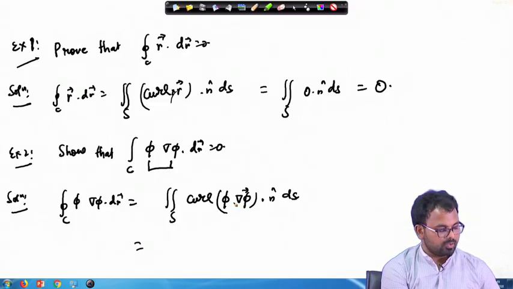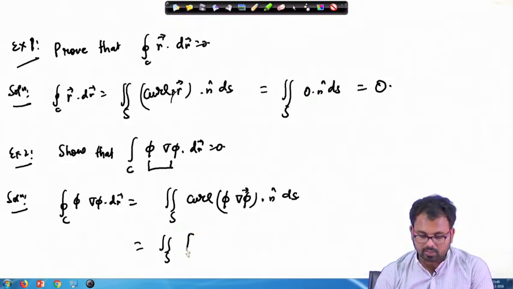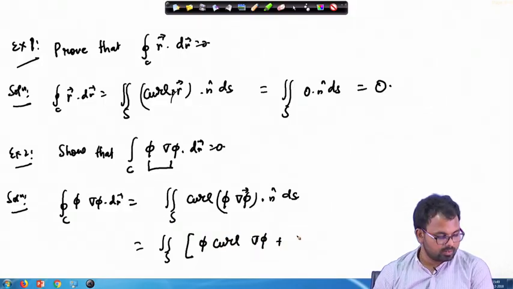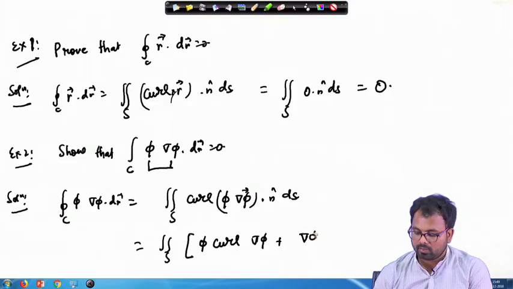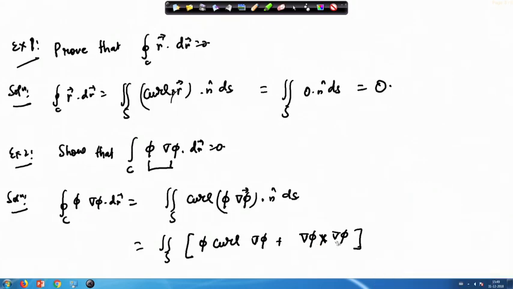Using the formula from vector calculus, this can be written as phi times curl of gradient of phi plus gradient of phi cross product with gradient of phi, dot n dS.